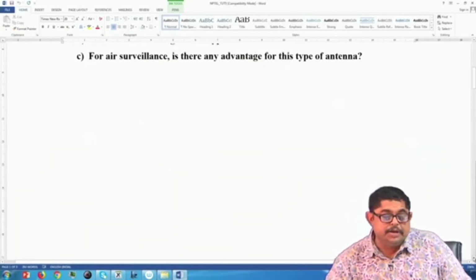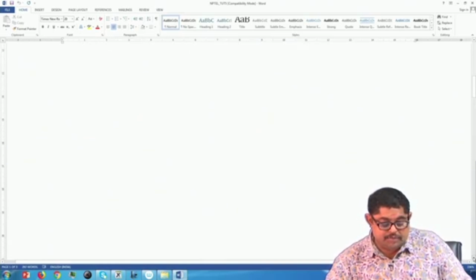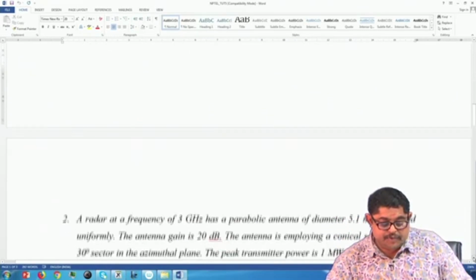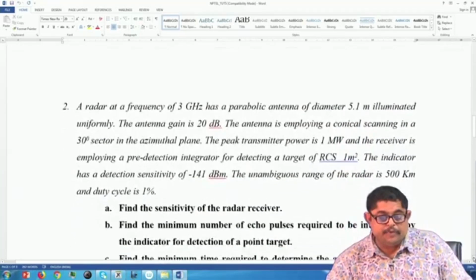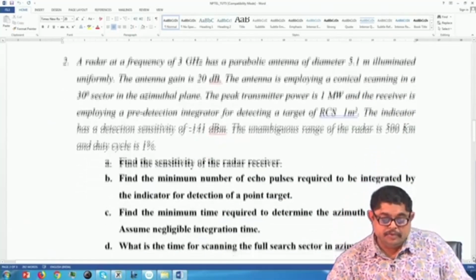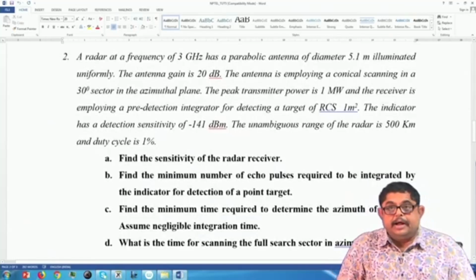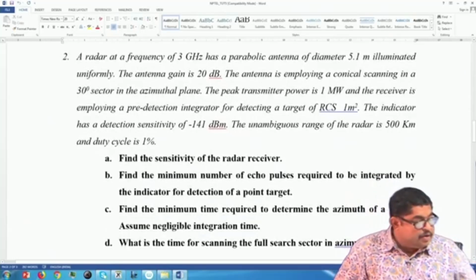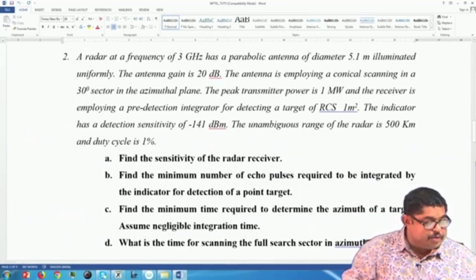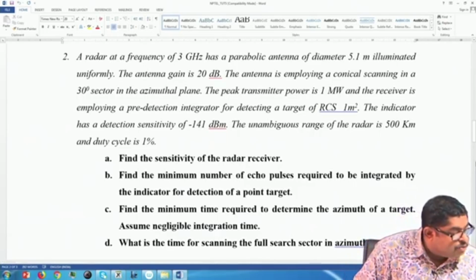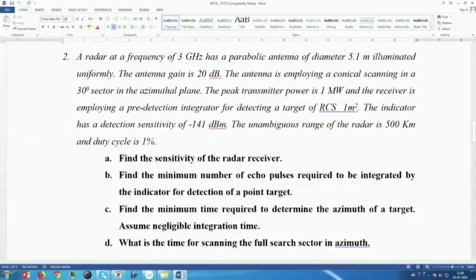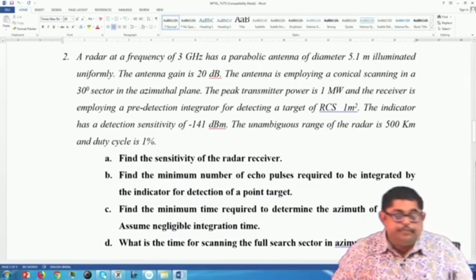Problem 1 we have seen. Now, let us come to the second problem.